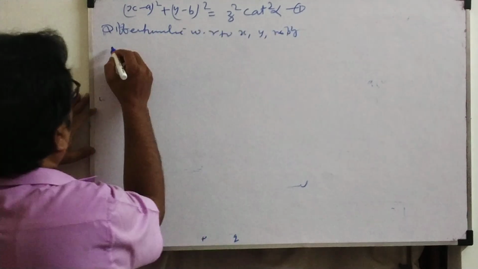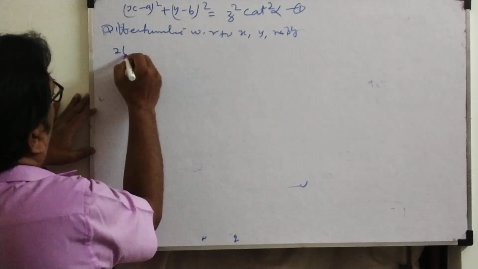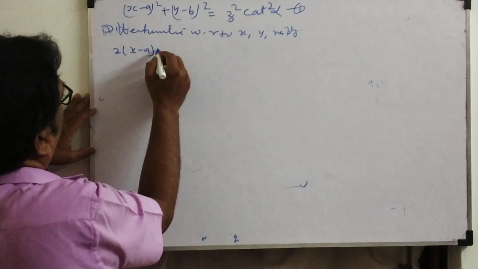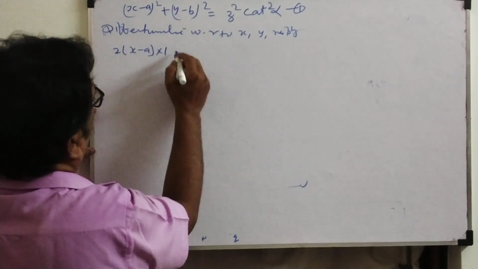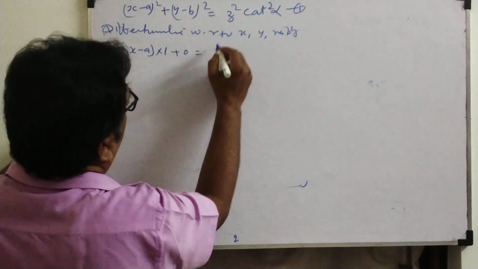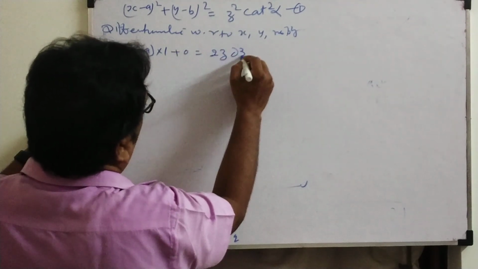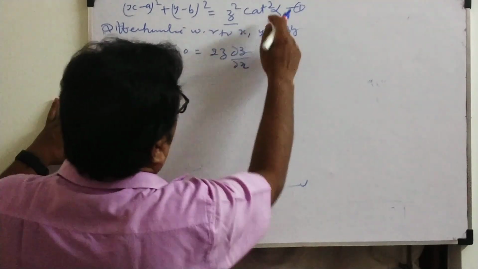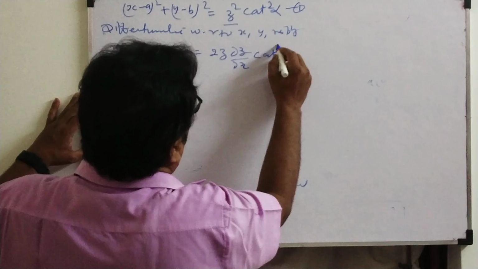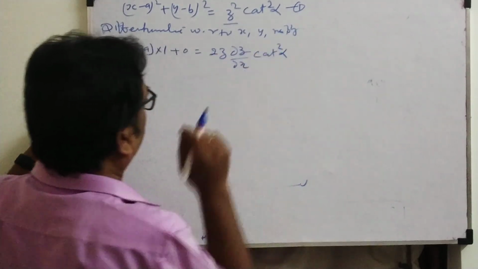See here, 2 into x minus a into 1, because with respect to x this part will be 0. Then here, 2z dou z by dou x, z square is 2z dou z by dou x, times cot square alpha.